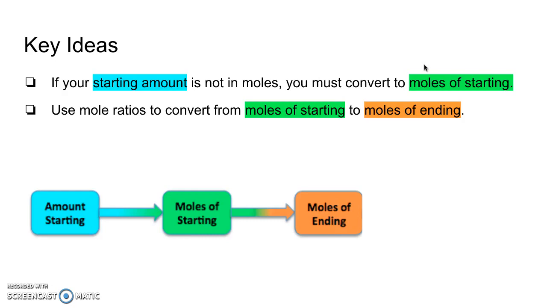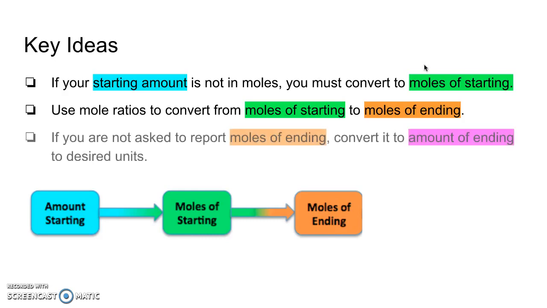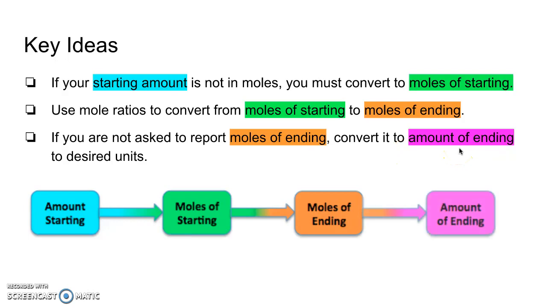Once you have your moles of ending, you need to make sure that you're reporting it in the correct units. So if you're not reporting the amount of your ending in moles, you have to convert it to the desired units, and that's typically the last step. So for the first and last step, you're typically using one of those equations that were shown in the beginning: the molarity equation, and moles equals mass over molar mass.